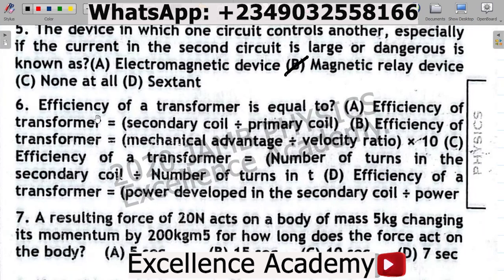Question number 6. Efficiency of a transformer is equal to... you have option A, B, C, and D. Basically, you're being asked to give the mathematical form of the efficiency of a transformer.